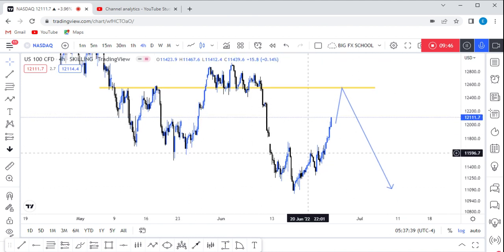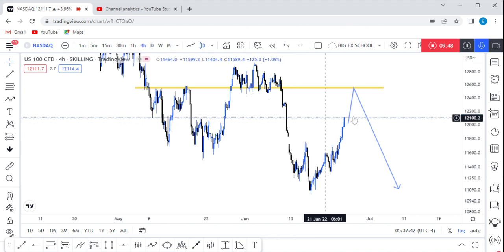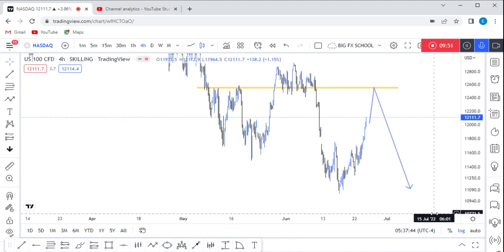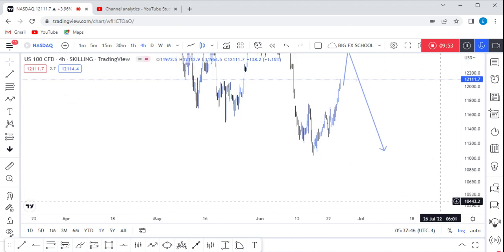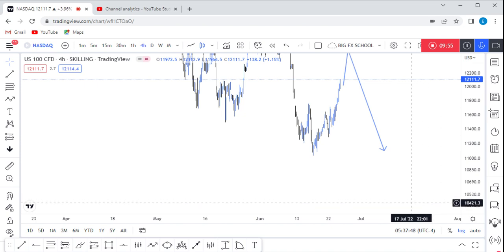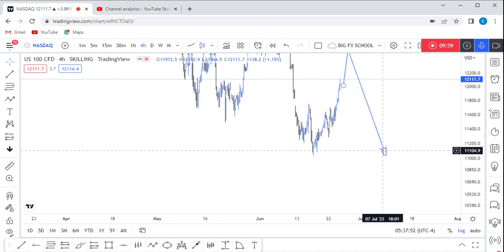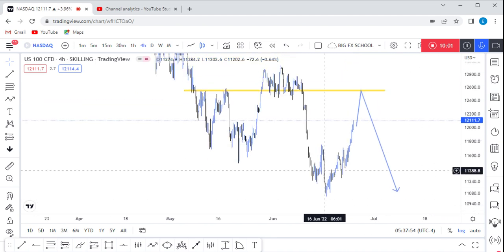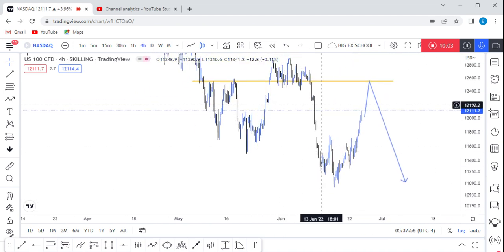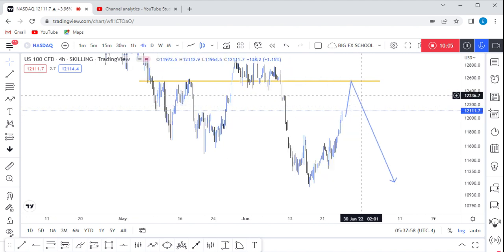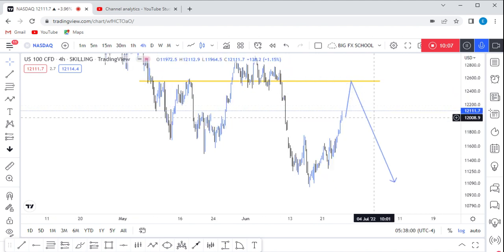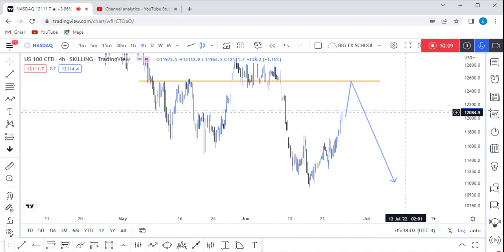I see the market falling to, I can say, the 10,000 level. Yes, I can see the market falling to there. I will wait for Nasdaq to reach this zone so that I can take my short trade.